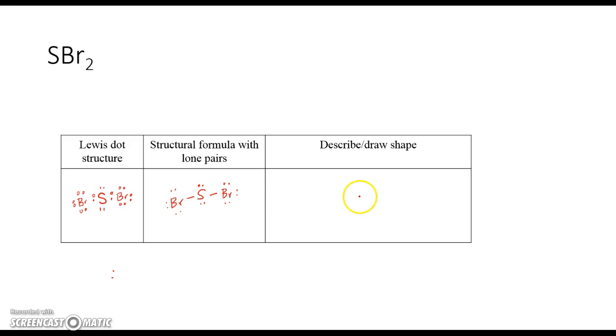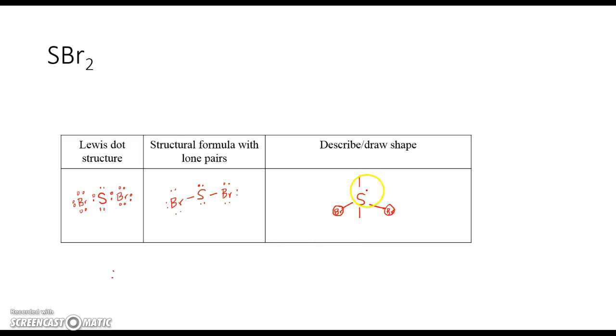So if we know that sulfur has 4 electron domains, that means that sulfur has 4 sticks poking out of it, but in those regions, there are only 2 regions where you have an atom actually attached.